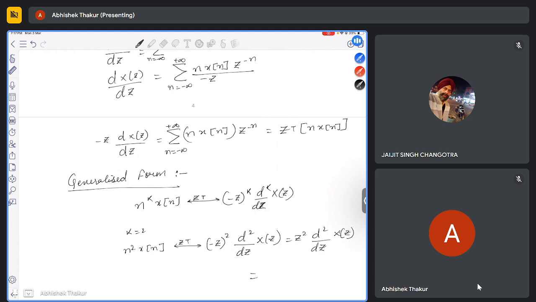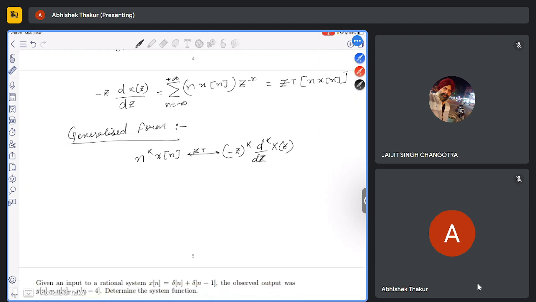Or we can solve it in a different way. We'll just solve without the generalized equation, and then we will see the generalized equation at the end after solving this question.